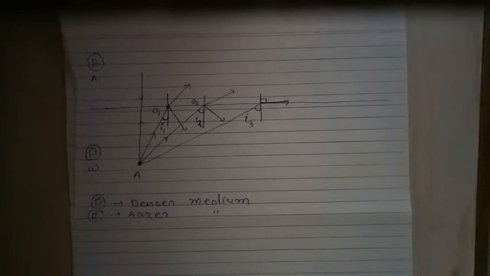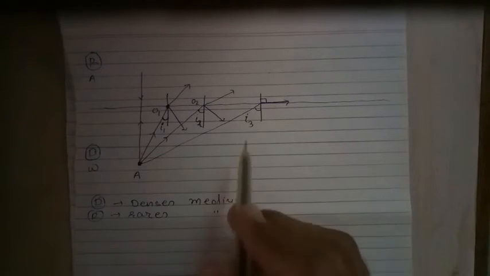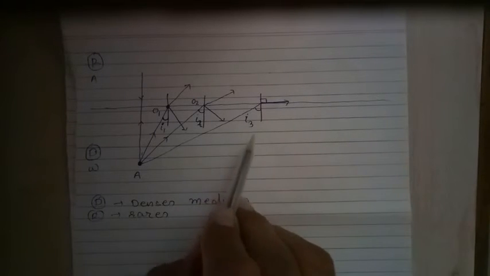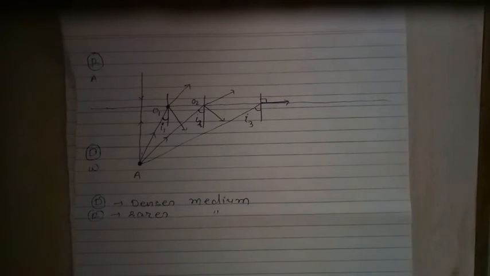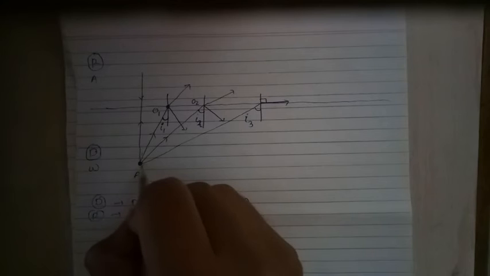If the angle of incidence increases still further, greater than the critical angle, then refraction is not possible. So the incident ray is totally reflected. This is known as total internal reflection.